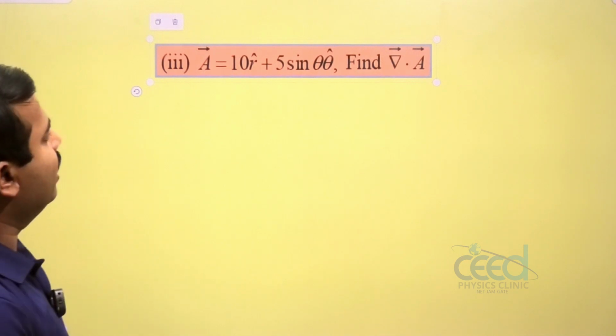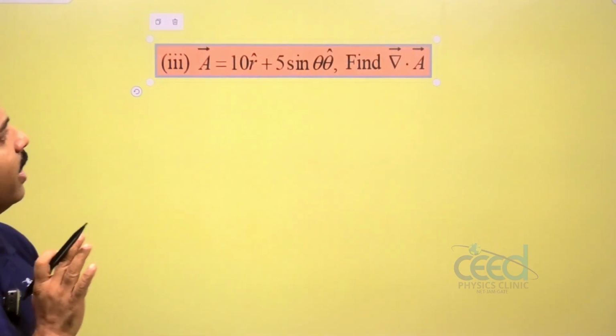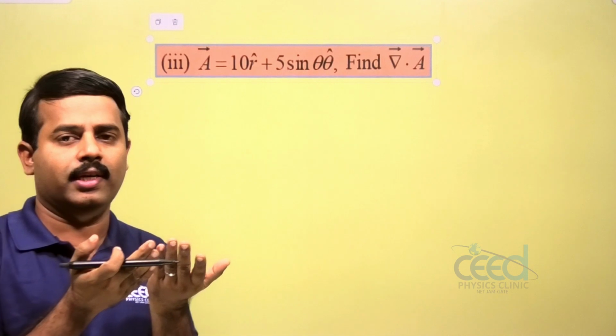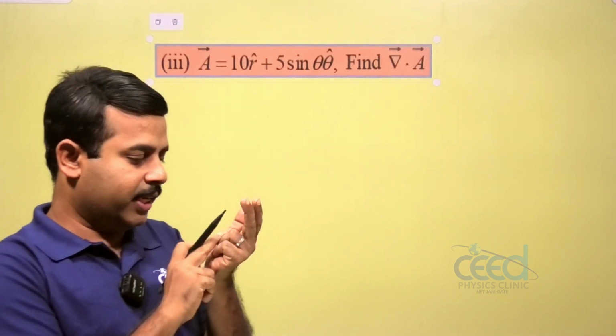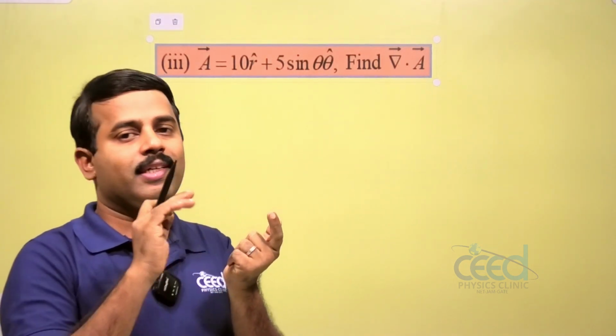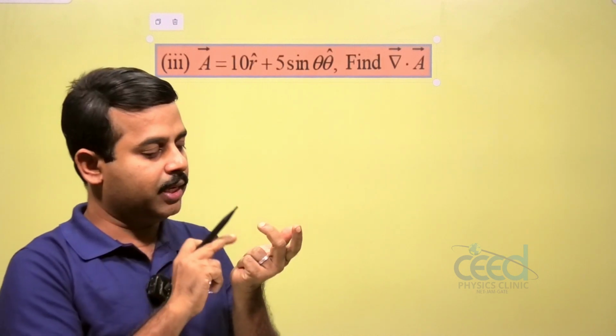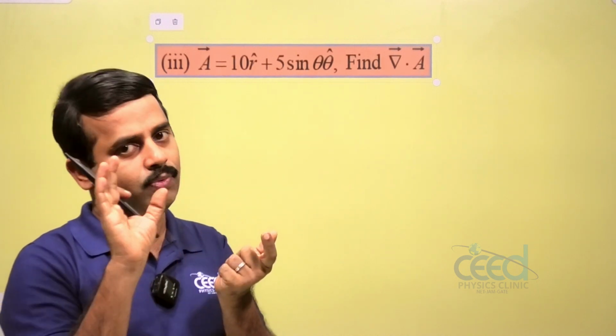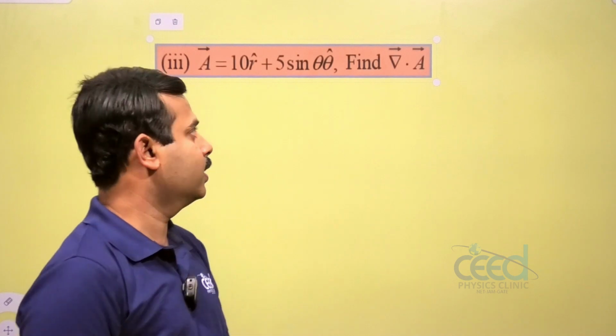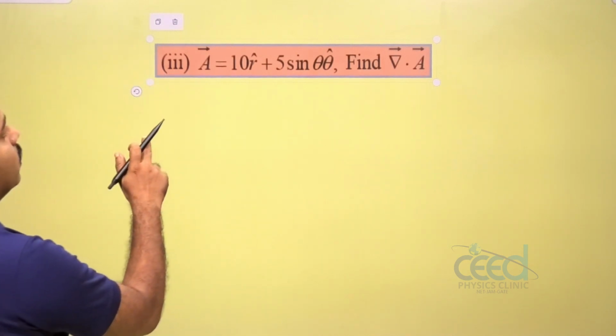Here r cap, theta cap is given, right? If r cap, phi cap, z cap are given, then it is cylindrical coordinate. If r cap, theta cap, phi cap, then it is spherical polar coordinate.